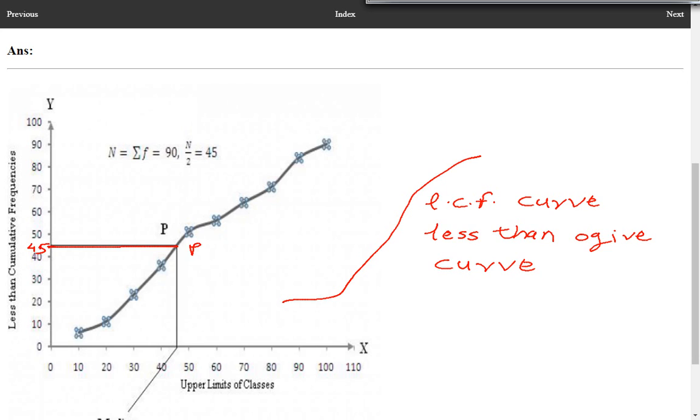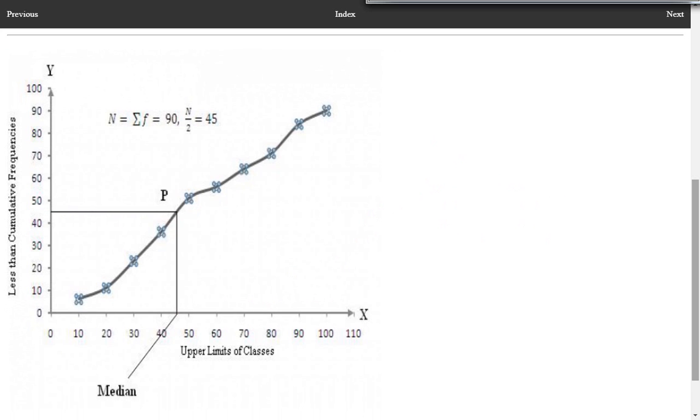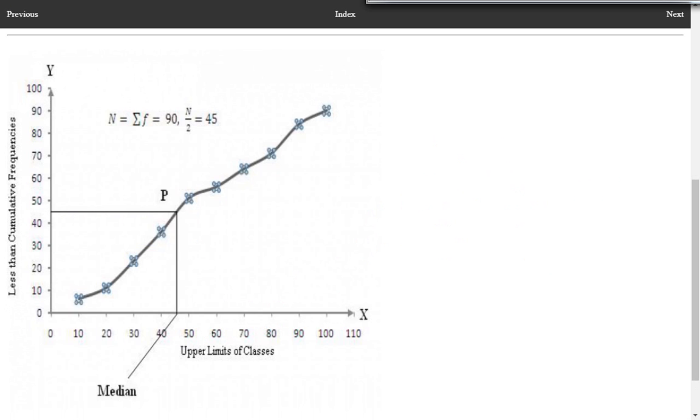This is point P. From this, drop a perpendicular line to the x-axis and say this point is Q. The point where this perpendicular line meets the x-axis is called the median. So Q is the median.